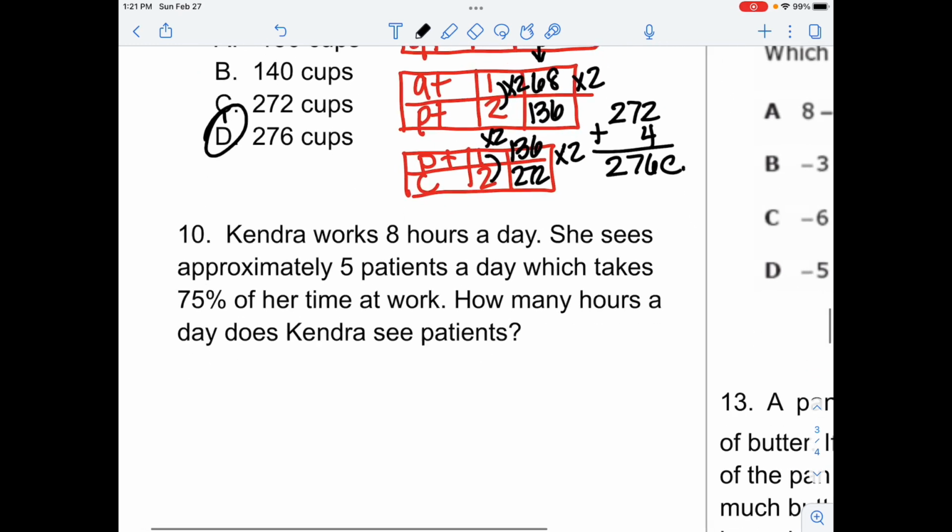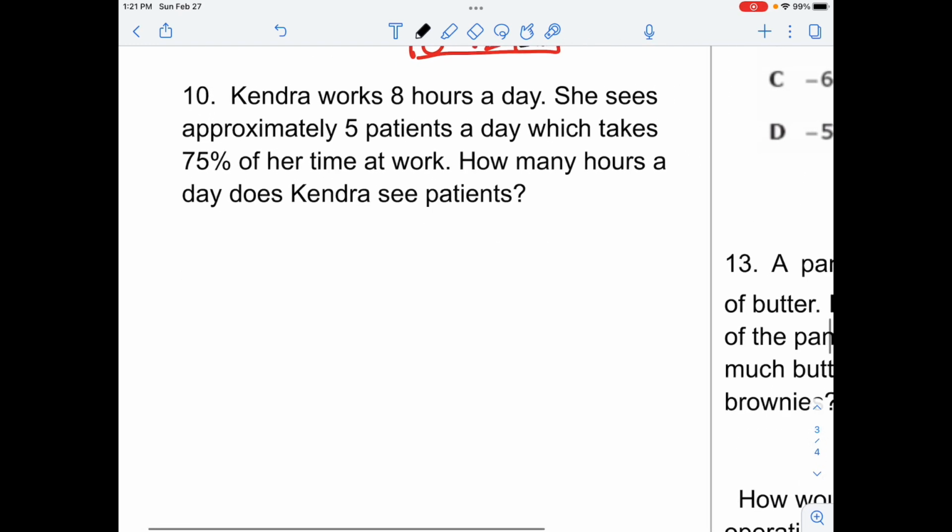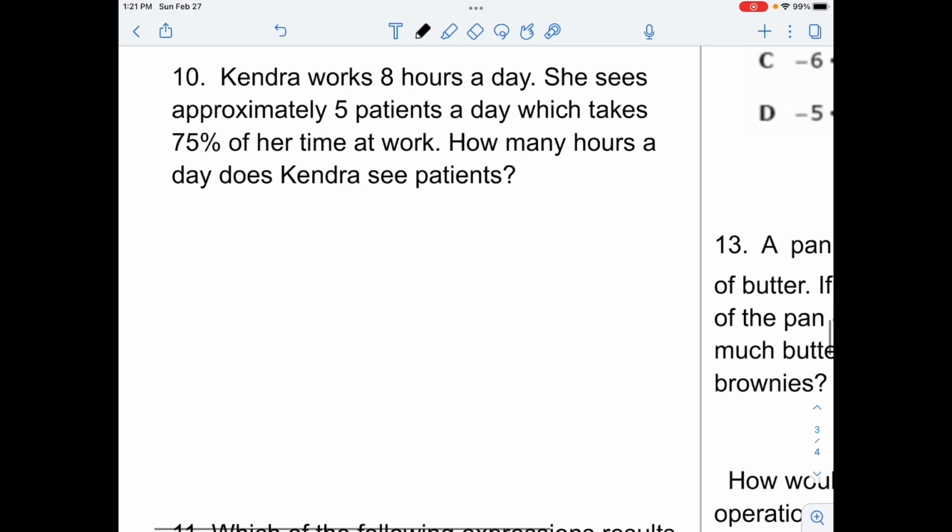Okay, number 10. Kendra works 8 hours a day. She sees approximately 5 patients a day, which takes 75% of her time at work. How many hours a day does she see patients? Okay, so this is going to be your percent proportion question.